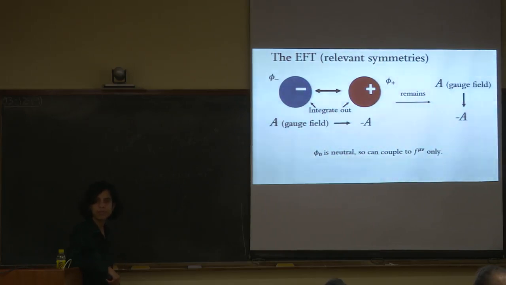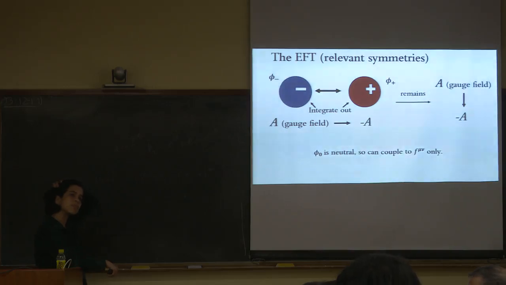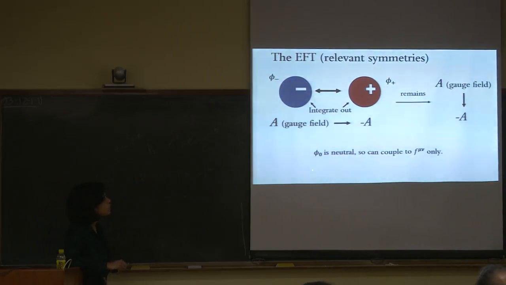Either you wind in phi minus or you wind in phi plus, and they have the same energy. So this symmetry just interchanges one type of vortex with the other type. It predicts that there will be two kinds of vortices with the same energy. Each one of the vortices has a configuration which breaks the symmetry, but there is a pair. It's like saying there are two states and one state transforms to the other, not a vacuum state.